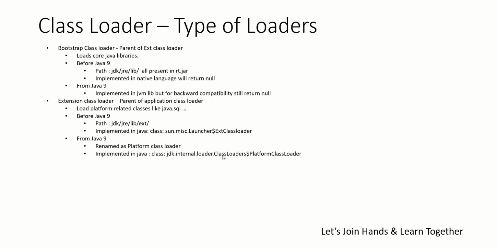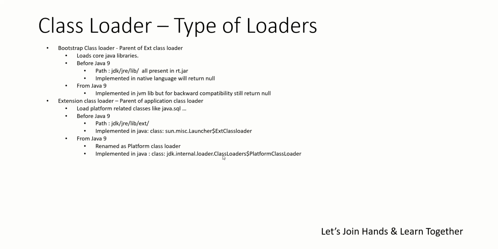Now it won't be in the ext folder. From Java 9, the extension class loader was renamed the platform class loader. The Java implementation also changed, and the exact name is jdk.internal.loader.ClassLoaders$PlatformClassLoader.